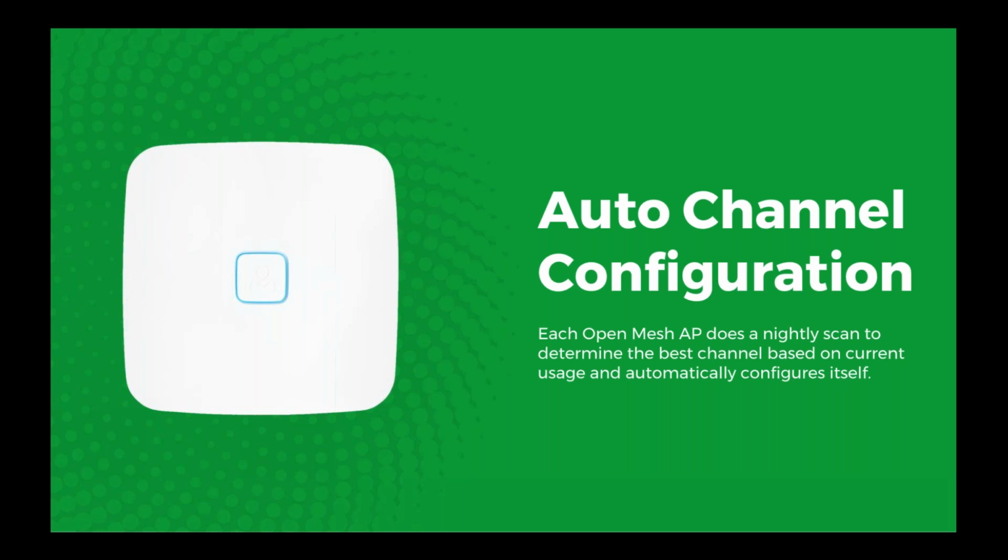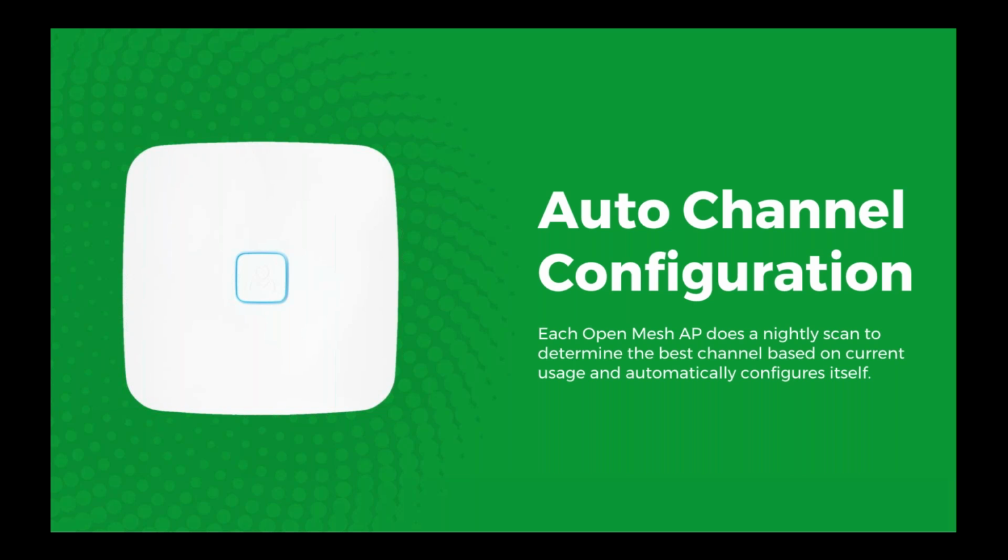So how it works is that when auto channel is turned on, each access point takes a quick scan of interference during the maintenance window that you configure in CloudTrax. And then we'll optimize those channels based on several factors, such as interference from other networks, the channel assignments of the other access points on your network, and then it will also make sure that it's setting repeaters to be on the same channel as the gateway that works best for them and the gateway that has the best signal to them.